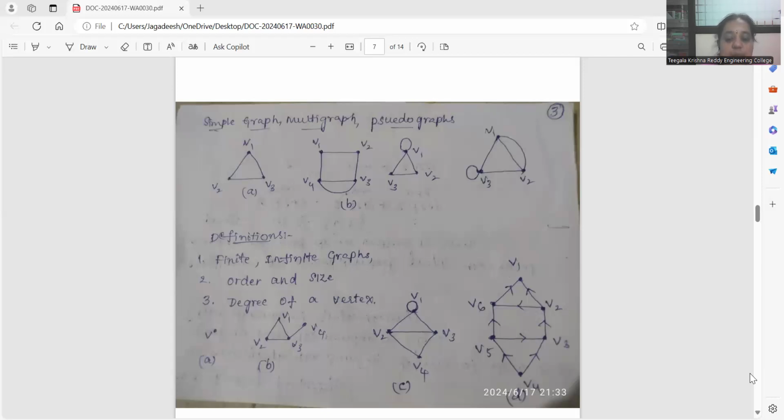Coming to the vertex V6, 3 edges are incident on that vertex, so overall the degree is 3.